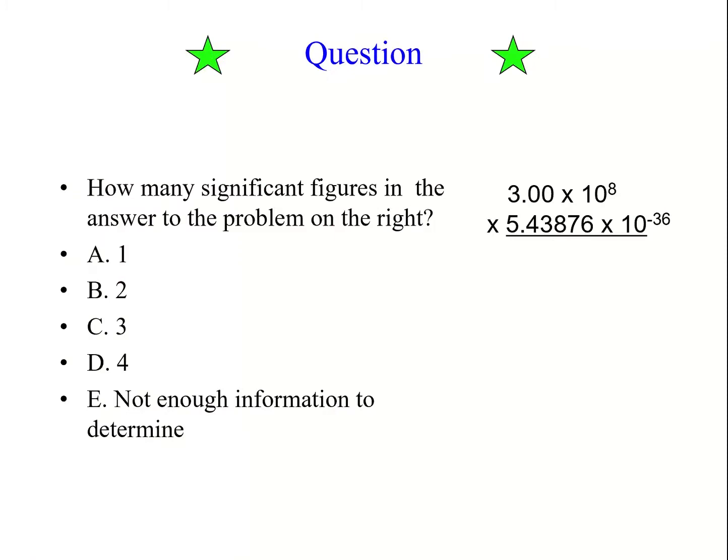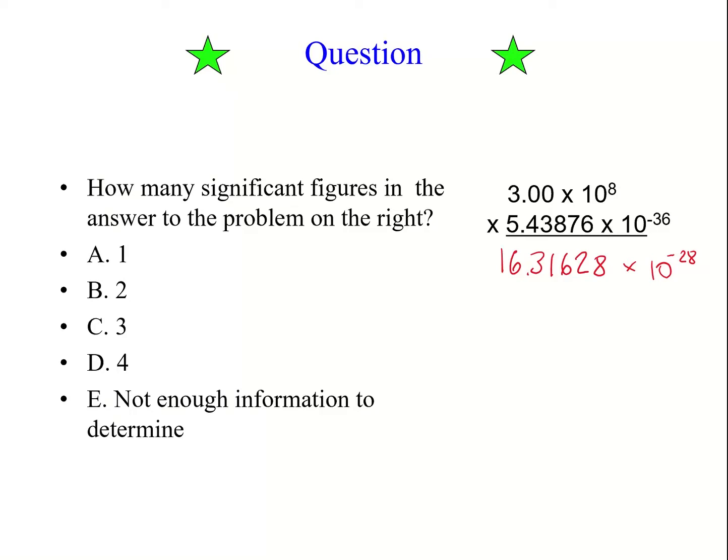How many significant figures in the answer to the problem on the right? First of all, let's calculate the answer. The answer is 16.31628 times 10 to the negative 28. So how many significant figures should we use in this case?